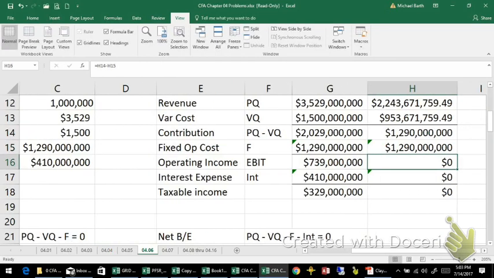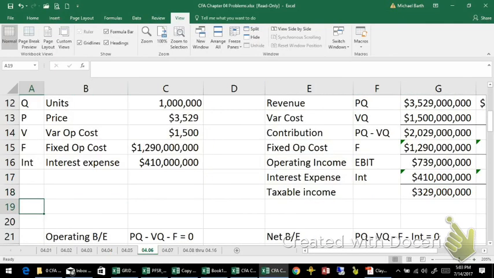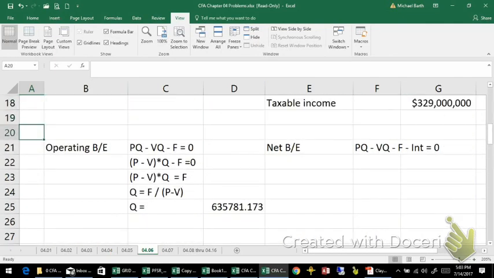The contributions are exactly $1,290,000,000, so I would have EBIT as zero. Now, that'll help me with the operating break-even, but I would still not have enough units to pay the interest expense. That's why we calculate not only the operating break-even, which will give me an EBIT of 0, the net break-even simply adds a few more elements to it.